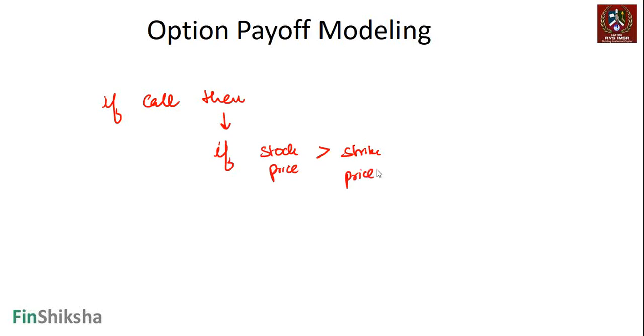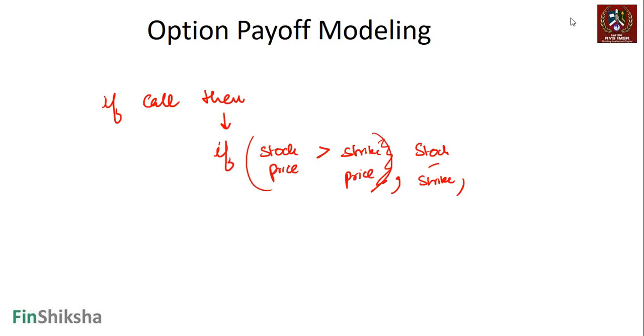What is the equation? If it is a call option, then I check if the stock price is greater than the strike price, right? This is for the buyer only. And if the answer is yes, then I take the stock minus strike.